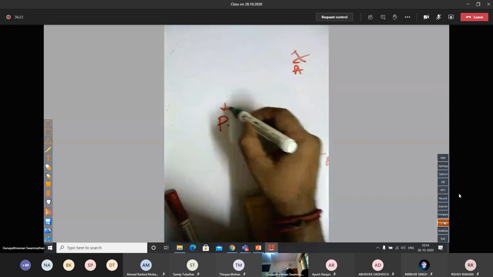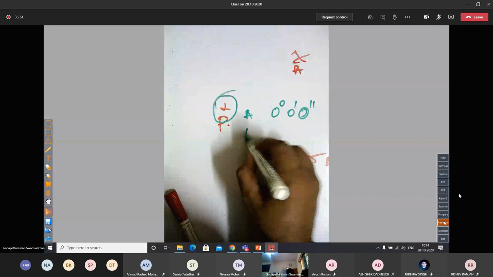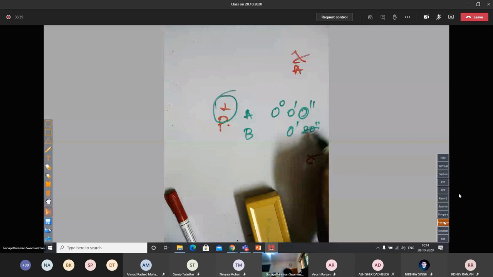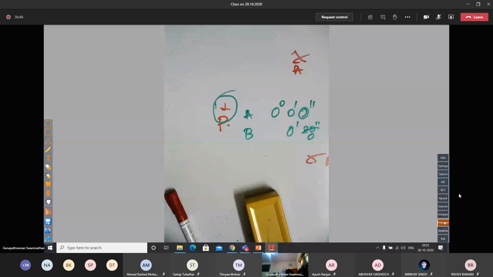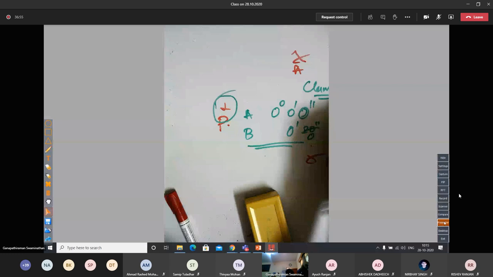Now what I do is I use the upper clamp and fix the vernier at 0 degree, 0 minute and 0 second. A vernier, B vernier, normally there may be some error sometimes, but I assume that there is no error. Then the upper clamp is clamped, so no movement.